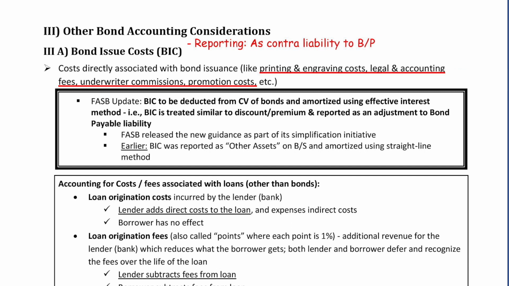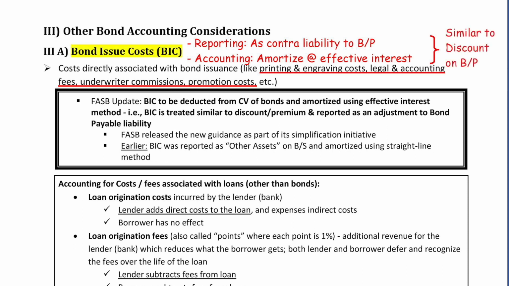Now, for bond issue costs, right, accounting is via amortization at effective interest rate method. Now, put a bracket there. So both the reporting and the accounting for these bond issue costs, these are, right, similar to discount on bonds payable.